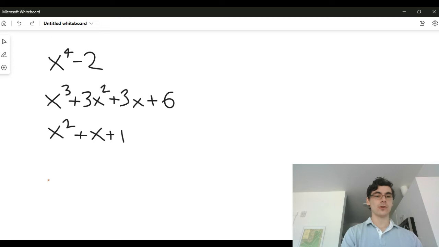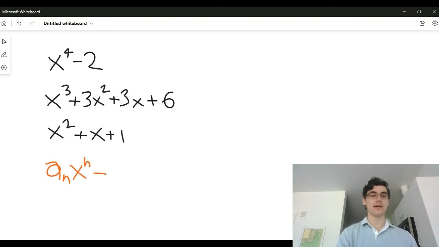So the first thing I want to do is state Eisenstein's criterion. So let's say that you have some polynomial, and we're going to write this polynomial as a_n x^n plus a_{n-1} x^{n-1}, and so on.